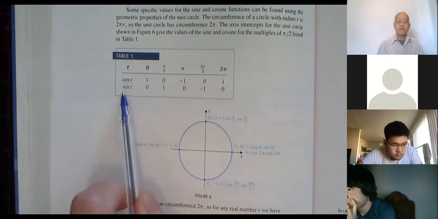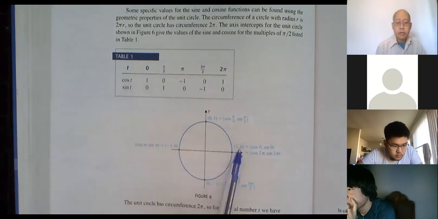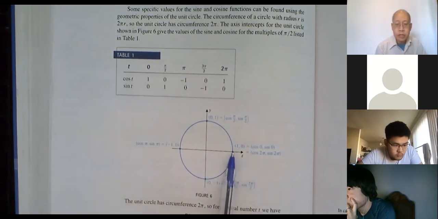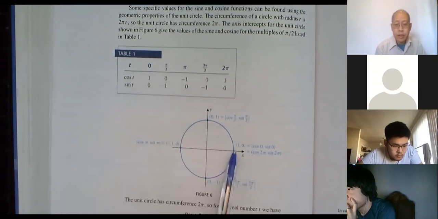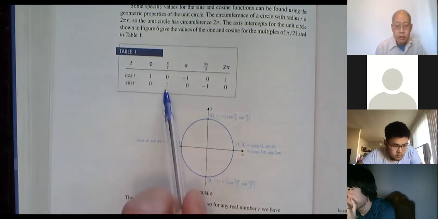What does the sine give me? Sine of an angle gives me the y-coordinate. So as I go around a unit circle, let's look at the y-coordinate. So sine of 0, y-coordinate, 0. Pi over 2, sine of pi over 2, the y-coordinate, 1.